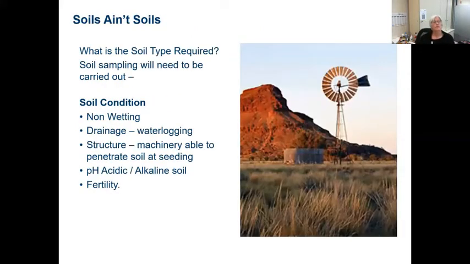Next, your soil type, and how you would be required to take soil samples to make sure that you've got what you're looking for within the soil, whether it's, as I discussed, non-wetting, drainage, whether it can be waterlogged, the structure of the soil and penetration for your machinery, whether it's acidic, alkaline, the fertility of the soil.